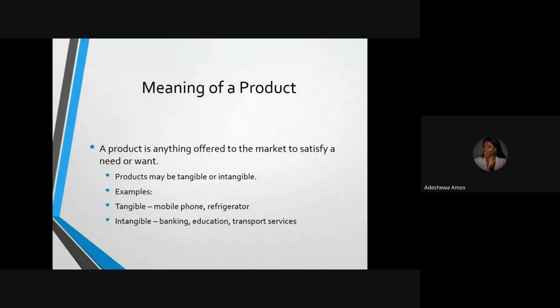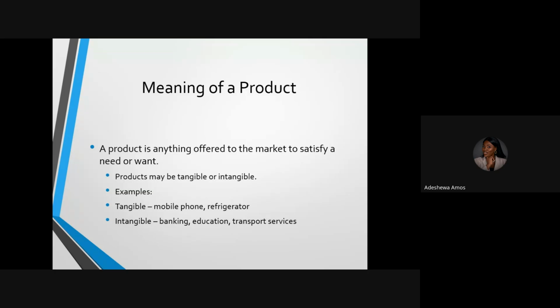I hope we are okay with that. So now, what is a product? A product is actually offered to the market to satisfy a need or want. Okay, so if you are offering something to the market, to people out there, to satisfy a particular need or want, meaning that you are offering them a product, you are giving them a product.